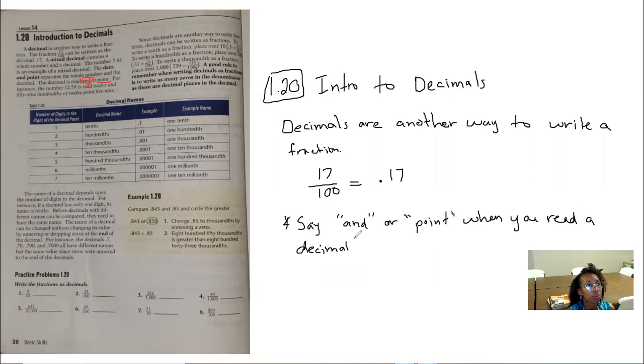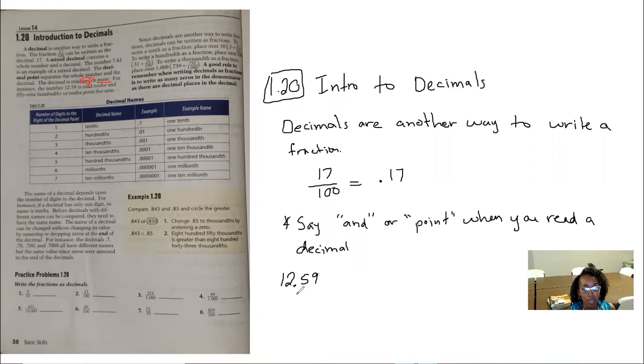Okay, a decimal number. An example would be, they have like 12.59, okay? You can either say "twelve point five nine," or what we're gonna learn about today is the place value behind the decimals.